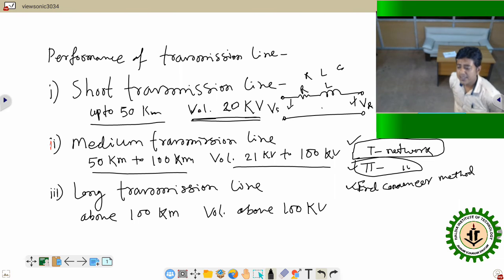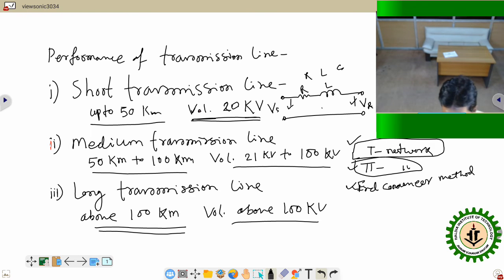In case of long transmission line, you see the length of the transmission line is above 100 km and voltage is above 100 kV. That means here there is no way to neglect the parameters.